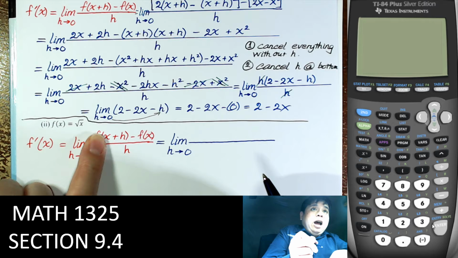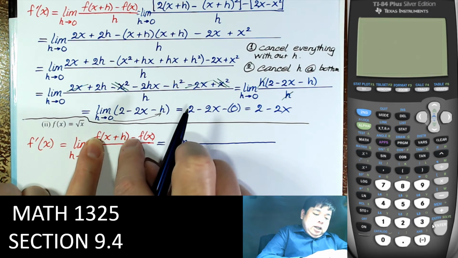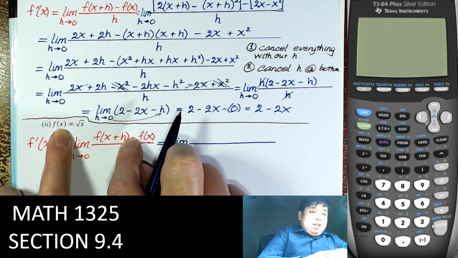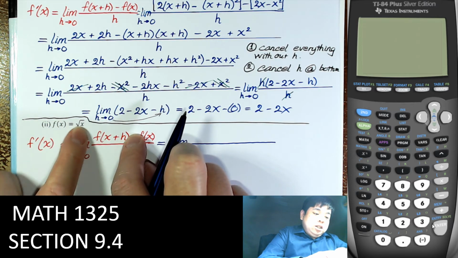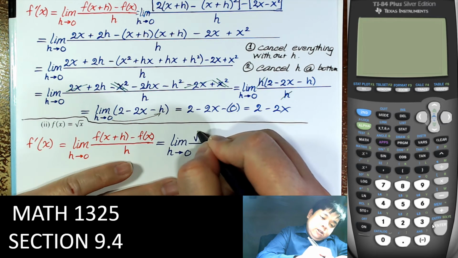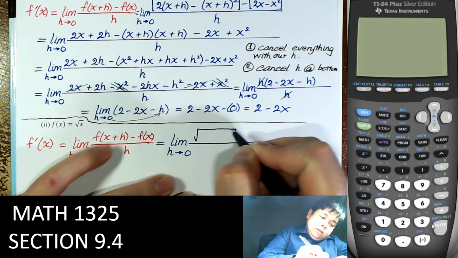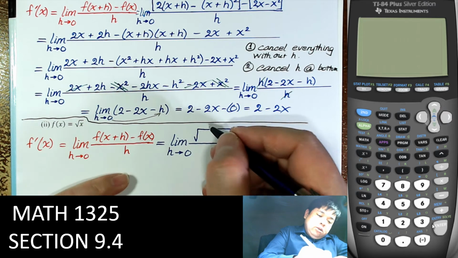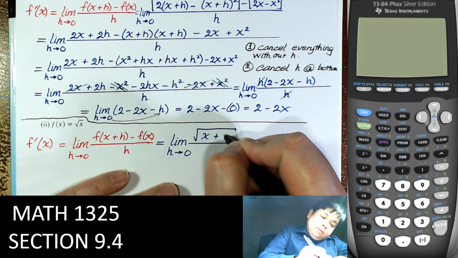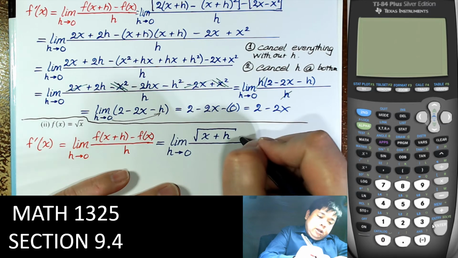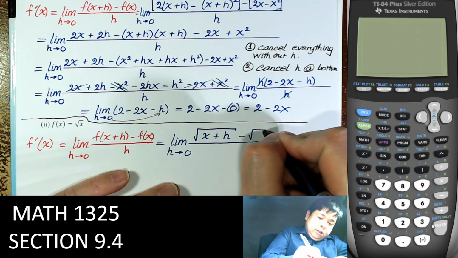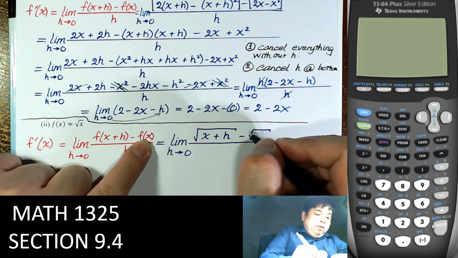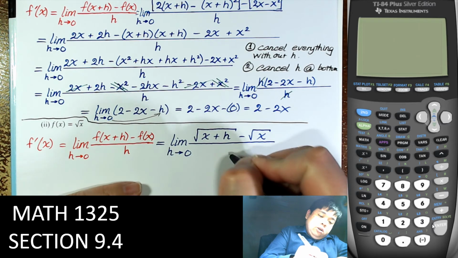So we have x plus h instead of x. So we have f of x plus h instead of x. So pretty much we substitute x plus h into x. And f of x is just the original function over h.